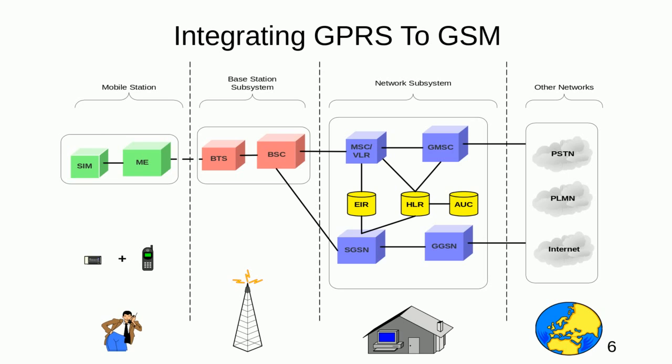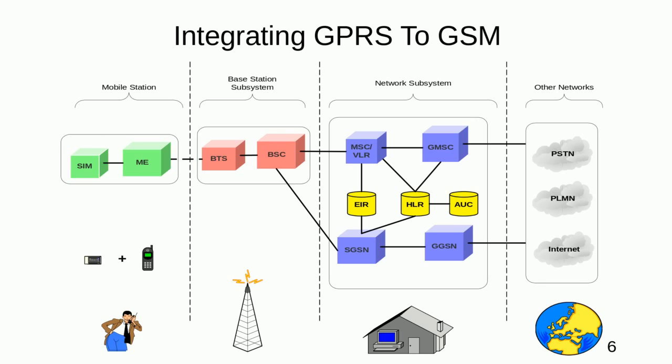So now when we use EDGE, EDGE uses the same core network as in the case of GPRS. In GPRS we introduced two main entities in the core network, SGSN and GGSN, and those same entities can now be used for the EDGE network.